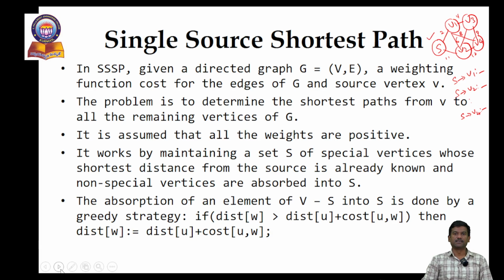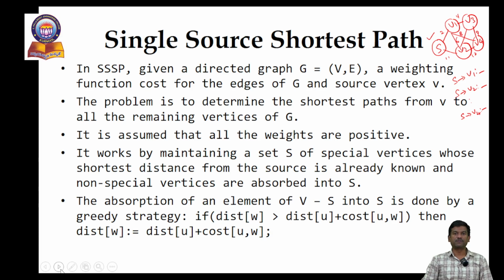At each iteration, you identify the shortest distance that can be reached from the source or from the previous vertex, and that is taken into the solution set. The remaining vertices are represented as V minus S, that is, V indicates the set of vertices minus S, whatever vertices you have considered within your solution set.